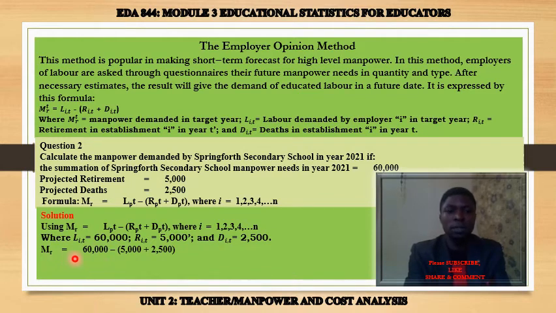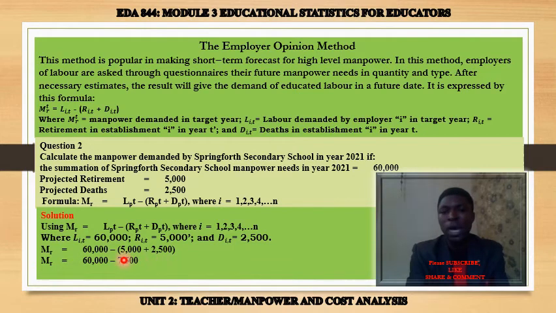The manpower demanded will be equal to L, which is the labor demanded, 60,000, minus the sum of these. We have to sum these first, 5,000 plus 2,500, which is equal to 7,500.